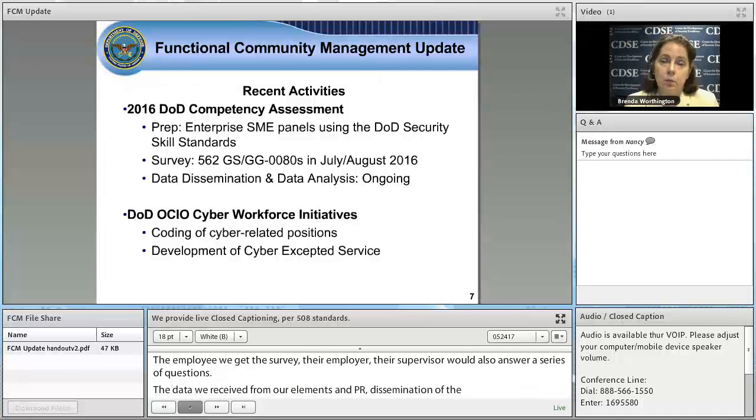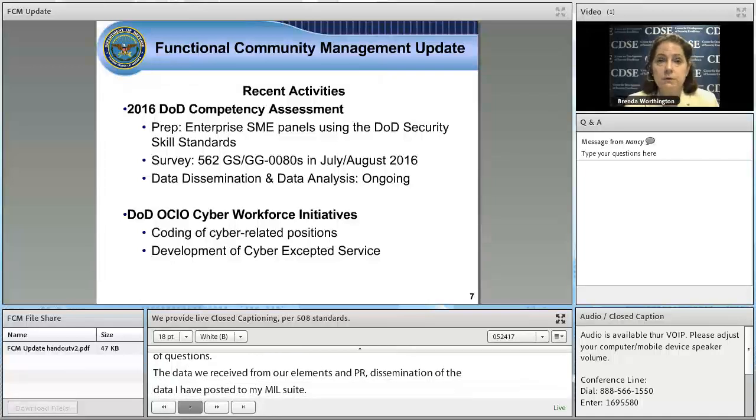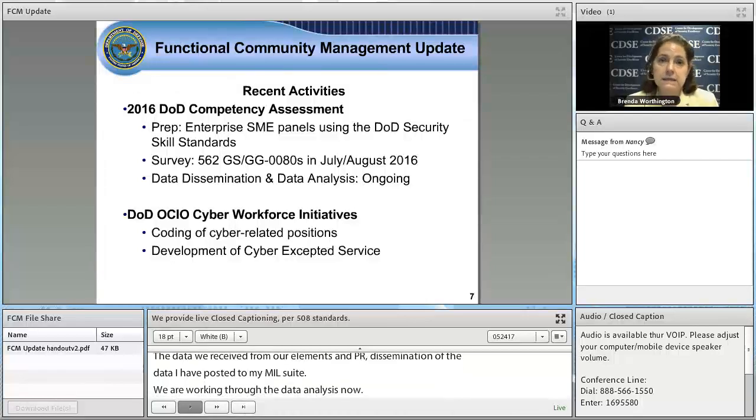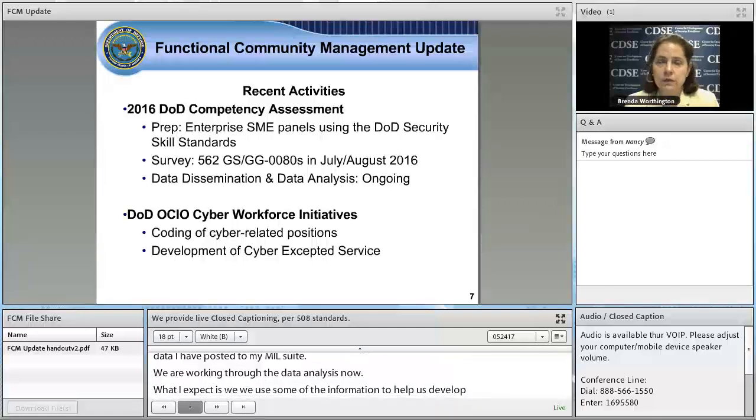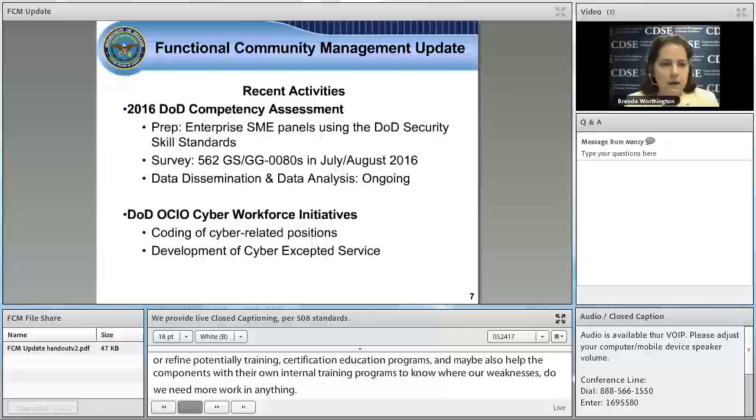What I expect is that we will use some of that information to help us develop or refine training at CDSE, certification and education programs, and maybe also help the components with their own internal training programs to know where we see our weaknesses. Do we need more work in information security, for example, or any of the other security disciplines? And please, if you have any questions, let us know.